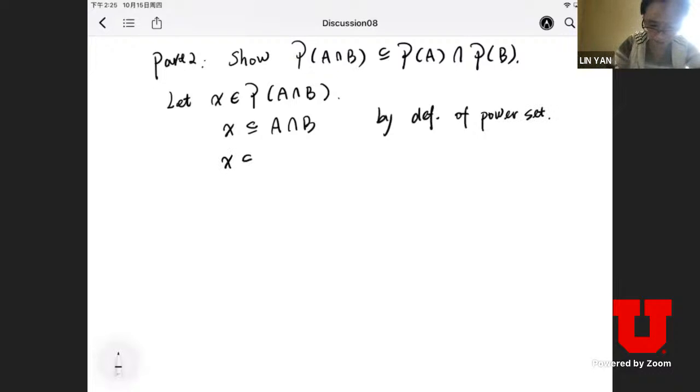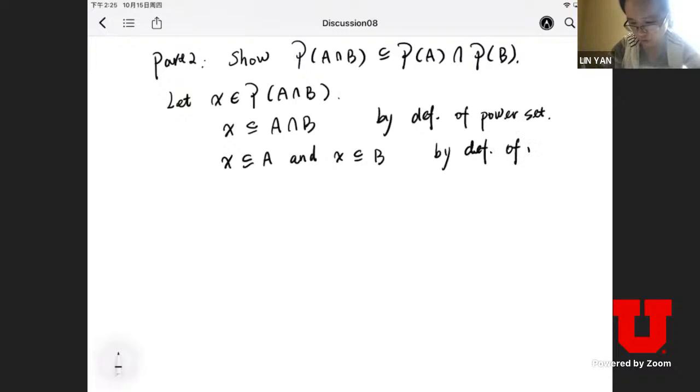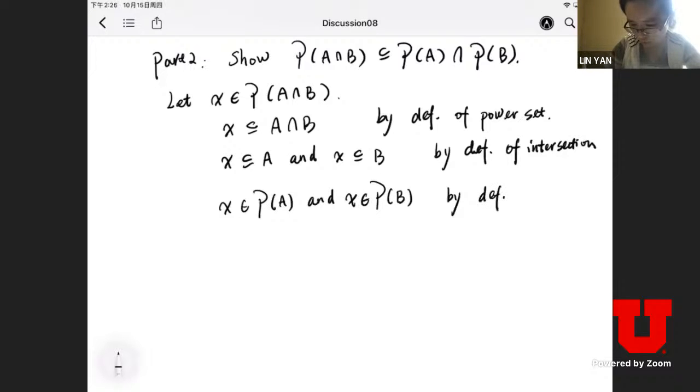Then X is a subset of A, and X is a subset of B. This is by the definition of intersection. Then X is an element of the power set of A, and X is an element of the power set of B. This is by the definition of power set.